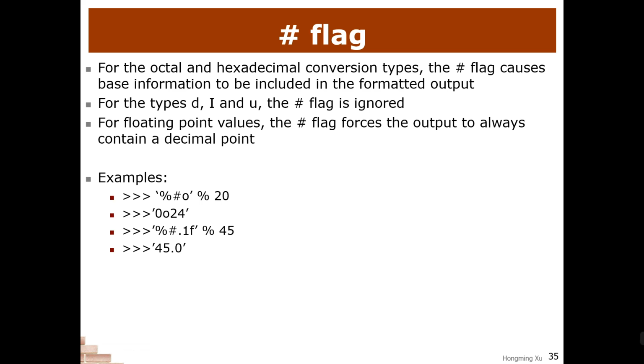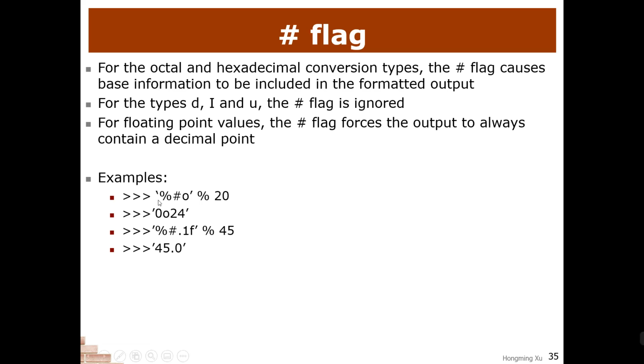Let's see first the pound sign. For the octal and hexadecimal conversion types, the pound flag causes the base information to be included in the formatted output. Without using this pound sign, by default, if we want to format output of octal or hexadecimal numbers, there is no base information.